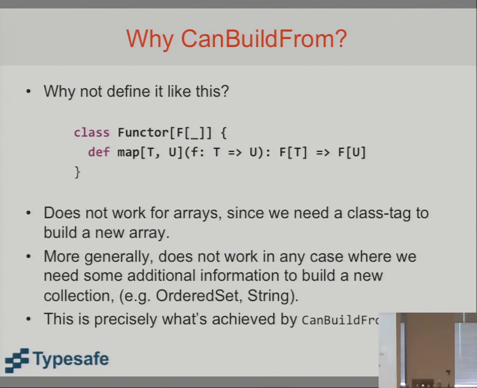Okay, you could say, well, yeah, good, but why did you pick that type? Why not that type here, a functor? So you have a functor and you say map is a part of the functor type class. It takes a function from t to u and a functor of t and gives you back a functor of u. Well, that doesn't work for arrays, unfortunately, because for arrays to create a new array of u, you need a class tag.